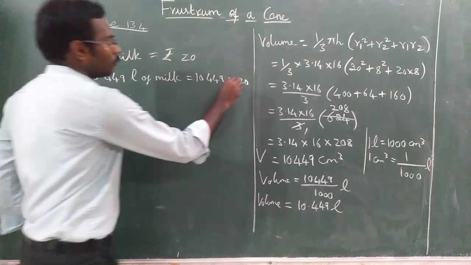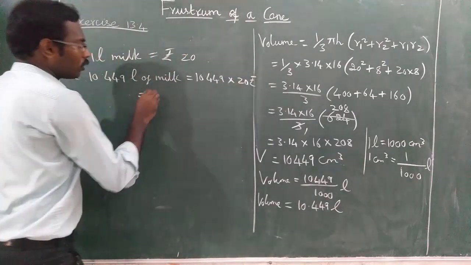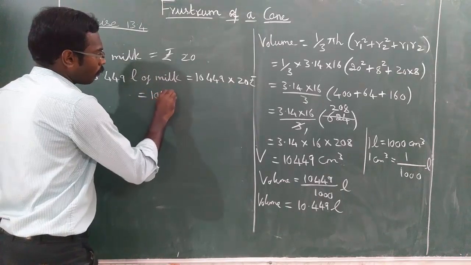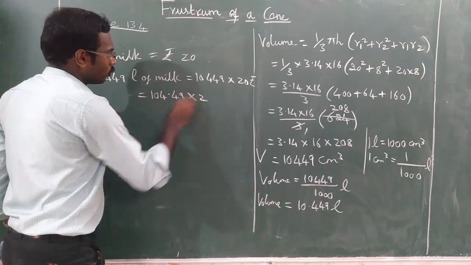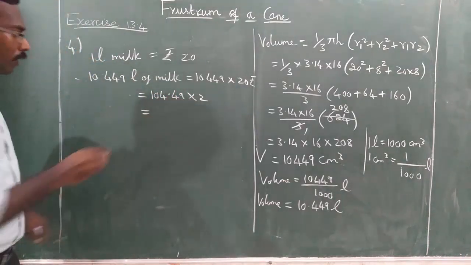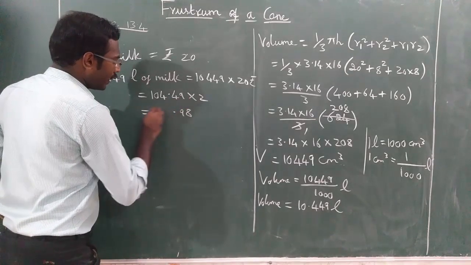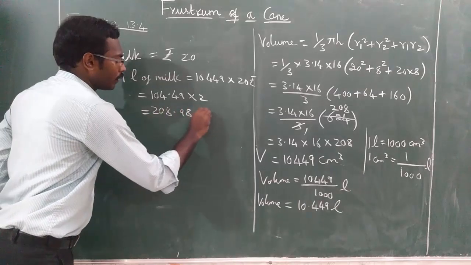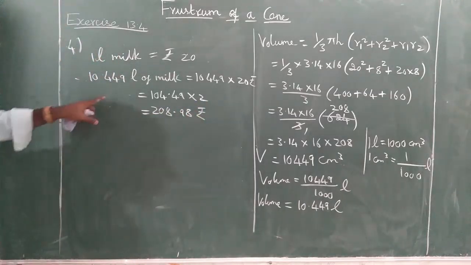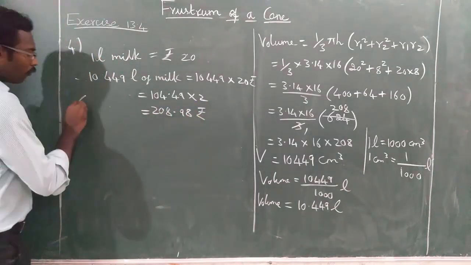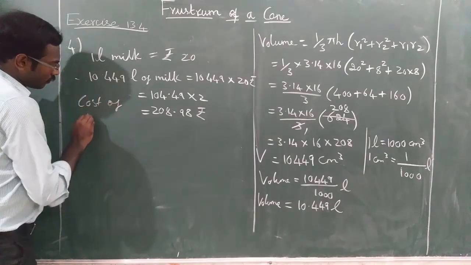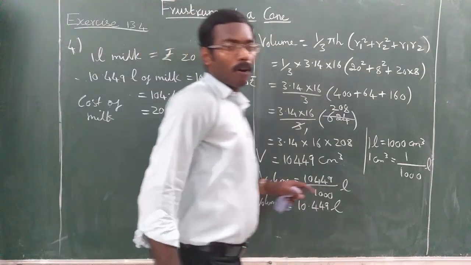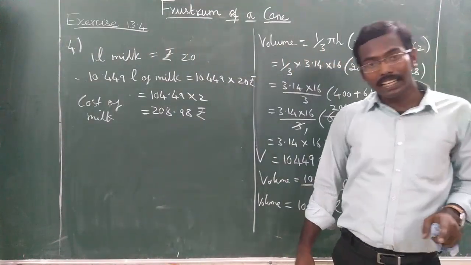Okay, so 20 rupees. That is equal to, so 1 zero is there. So you will get 104.49 into 2. When you multiply this, you will get 208.98. This is the cost of the milk, understood? So the cost of milk is equal to 208.98. Is it clear or not?